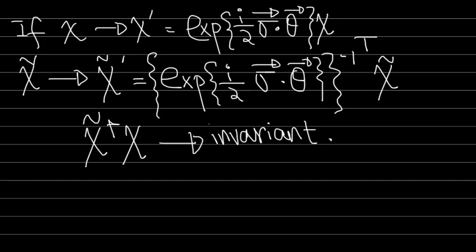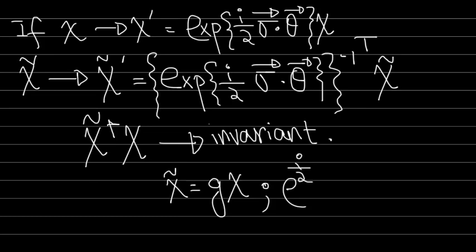And you can see that from the above expression that I wrote, right? But recall how we form chi tilde from chi. We can form that by chi tilde is equal to g chi, where, let me write this down, exponential i over 2 sigma vector dot theta vector, the dagger of this, and g, so we are sandwiching g between these two expressions.